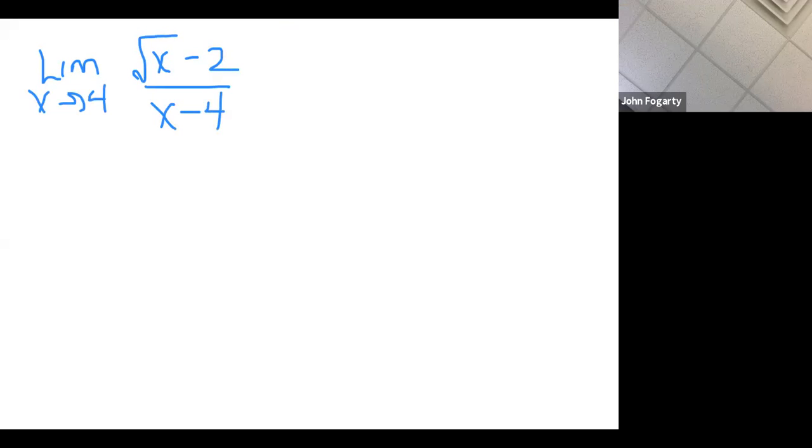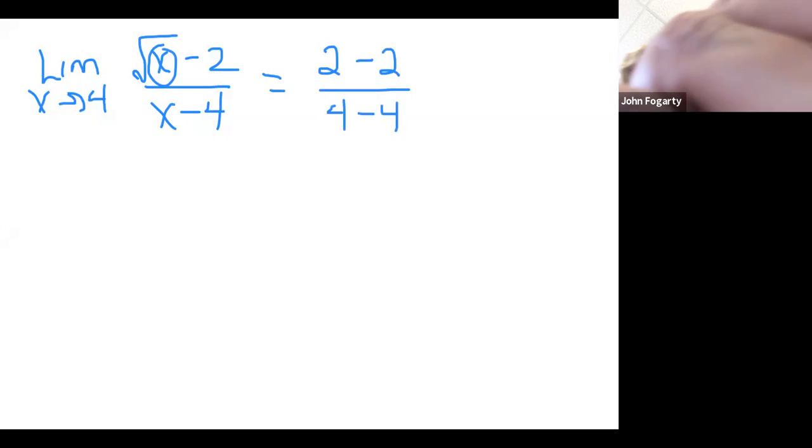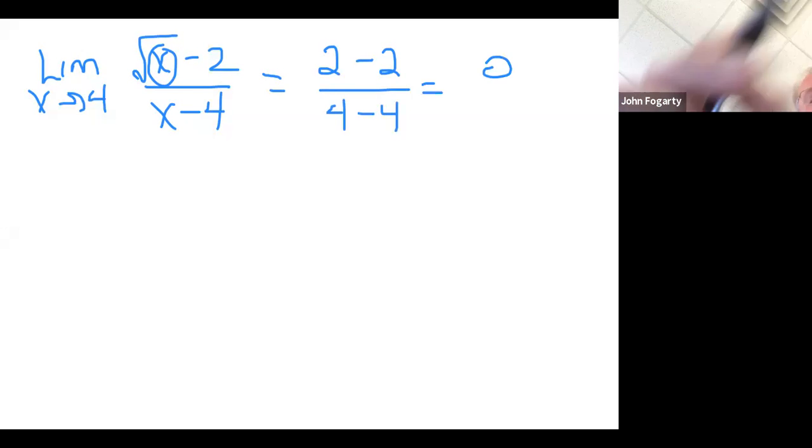What is the limit of the function, the square root of x minus 2 over x minus 4 as x approaches 4? So here's an example. If I direct substitute, right? Always when we're finding a limit, we direct substitute. So the square root of 4 is 2 minus 2 over 4 minus 4, right? What do we get? 0 over 0.